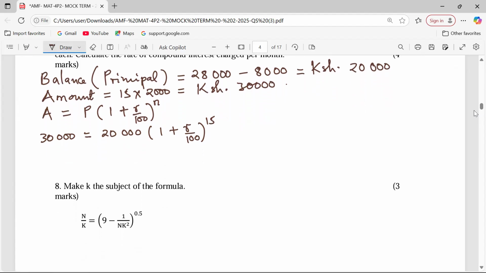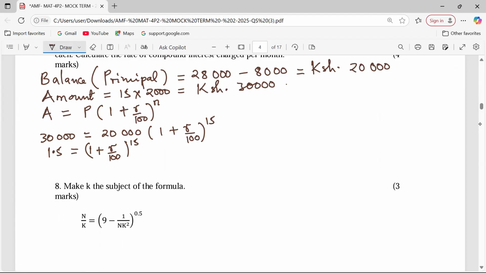So now we can work out the value of R by first taking 30,000 and dividing by 20,000. That gives us 1.5. 1.5 equals 1 plus the unknown rate, which is a percentage, raised to 15. So at this point now, we can take the 15th root on both sides.